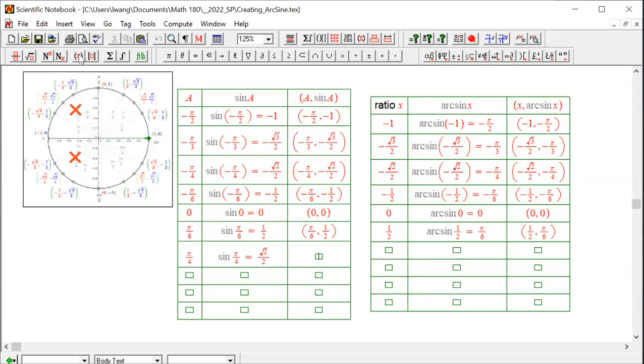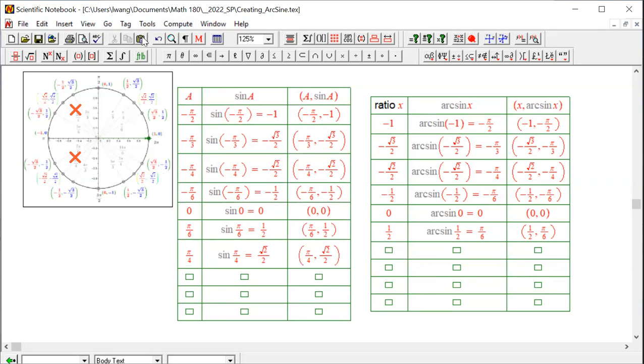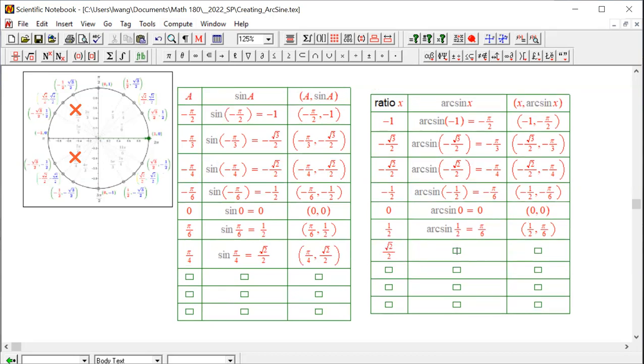And next, we're going to have the point pi over 4, comma, root 2 over 2. When this ratio is the input, ArcSine of this ratio, this is how we write it, is going to be pi over 4.